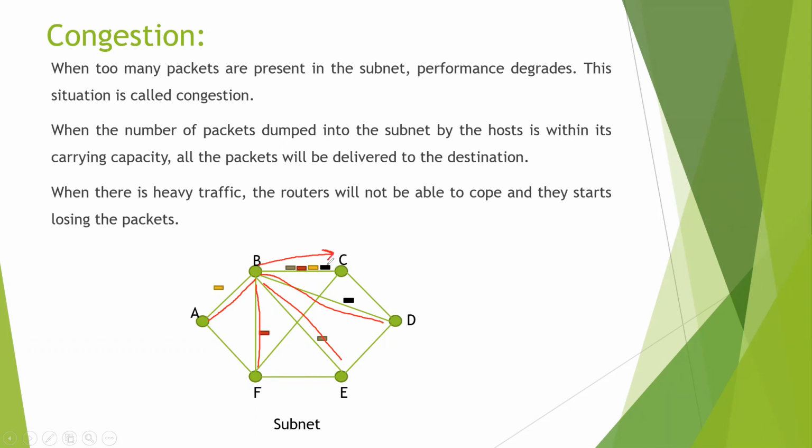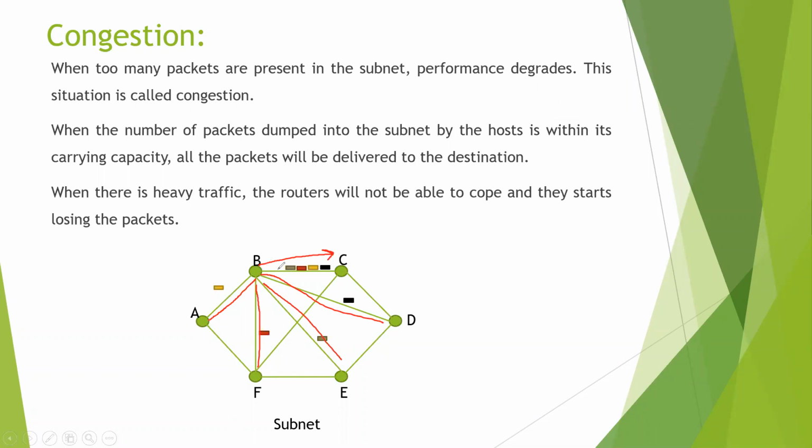Now, what happens? All the packets need to be stored and then forwarded from the routers. To do this, a particular time is required. While the packets are still being stored and need to be forwarded, other packets will arrive and traffic is going to occur here. This leads to congestion.